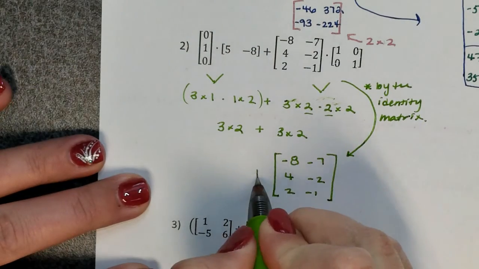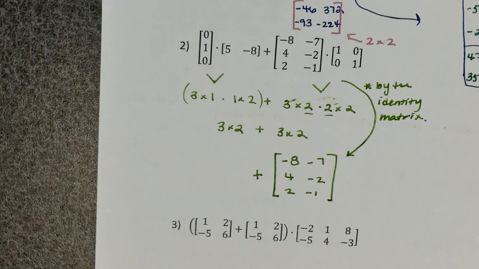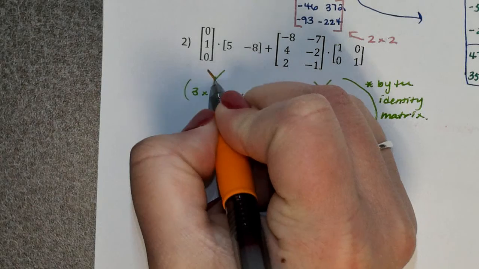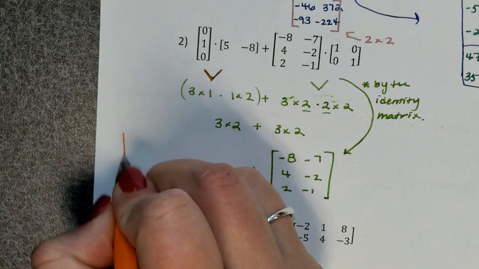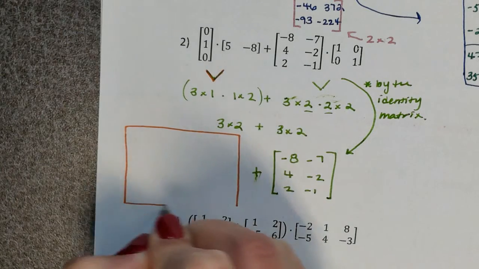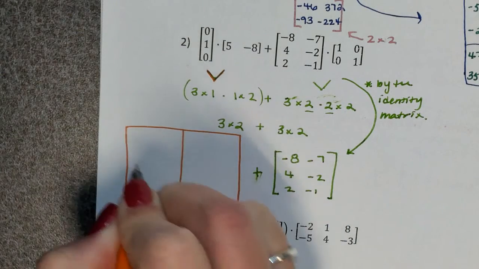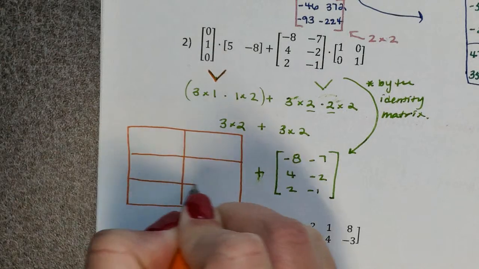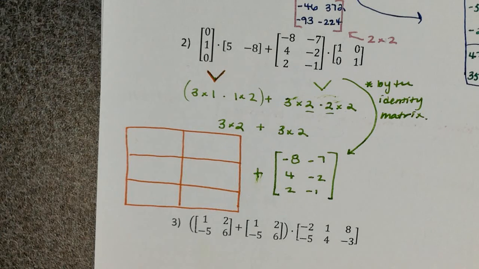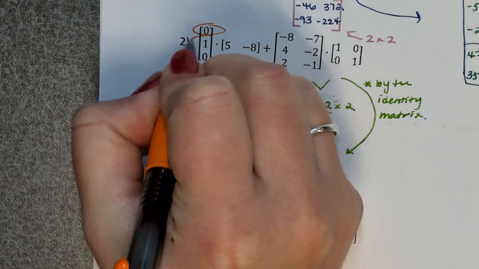So that's that one, plus, let's multiply these two together. We know that we're going to have a 3 by 2 workbox. We're going to be circling rows in the first.